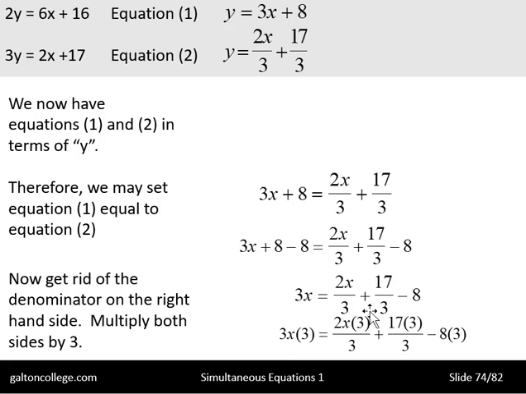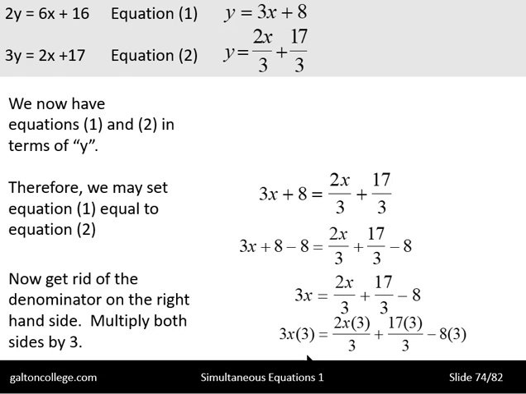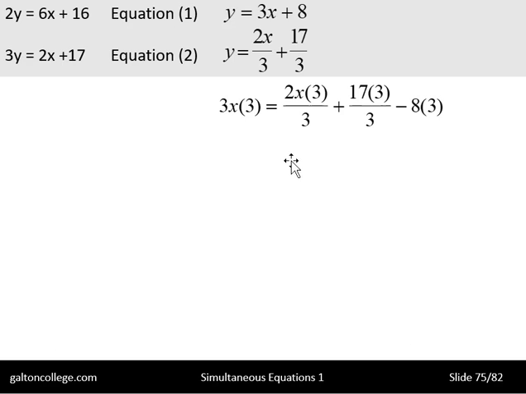But at least it's going to get rid of the denominators, the 3's. So that doesn't look too bad. If we write it back up here again, it's the same expression.